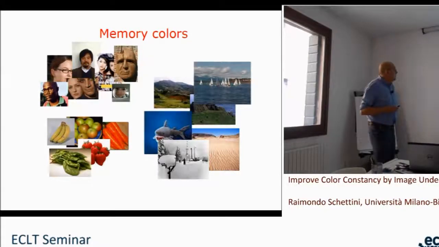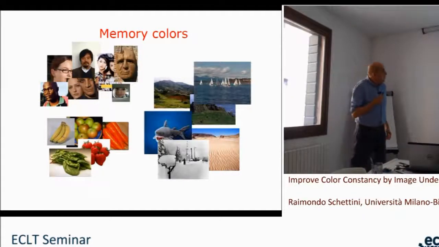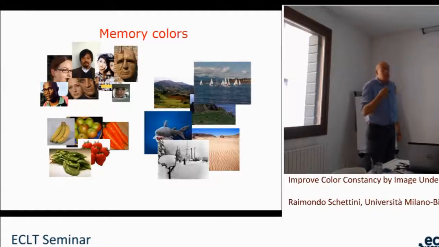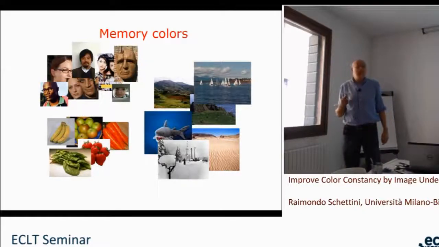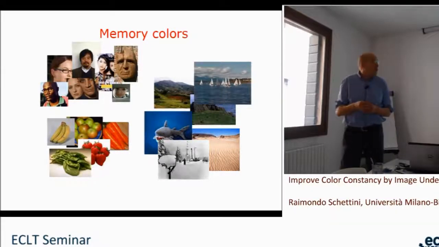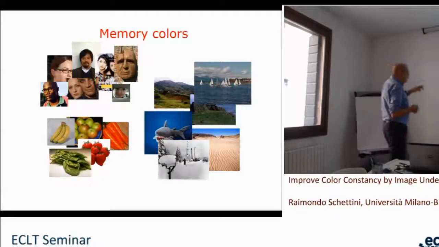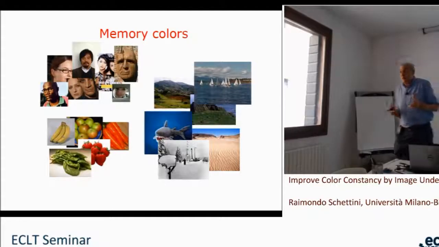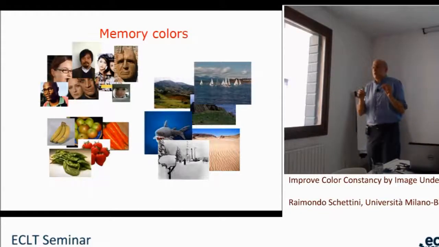Another point, actually, we use memory colors. What are memory colors? Something for which you have a model in your mind. You have a model for skin, for sky, for grass, for sand, for blood. So using memory colors helps us to produce images that are more pleasant, more natural, not necessarily more correct, but that are perceived as correct.